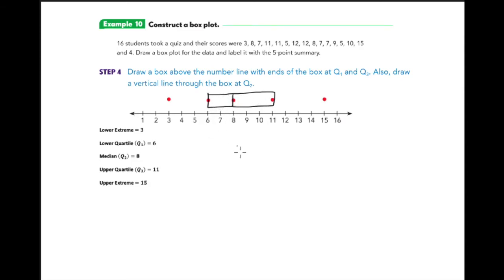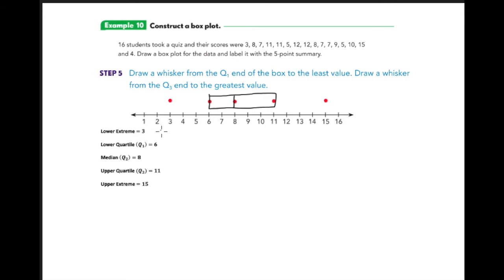So that would be step 4. Our final step is to draw a whisker from our least value to our first quartile. So we're going to draw from 3 to 6. And then we draw a whisker from our greatest value to our upper quartile. So that would go from 11 to 15.